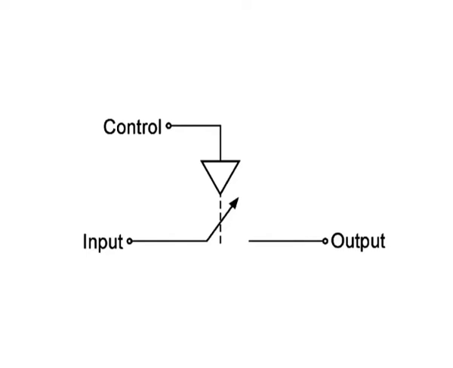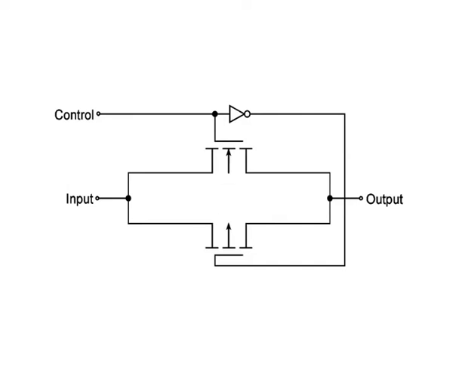and vice versa. The internal schematic of a transmission gate is a parallel connection of an N-channel MOSFET and a P-channel MOSFET with the control input applied to the gates. Control inputs to the gate terminals of the two MOSFETs are the complement of each other. This is ensured by an inbuilt inverter.